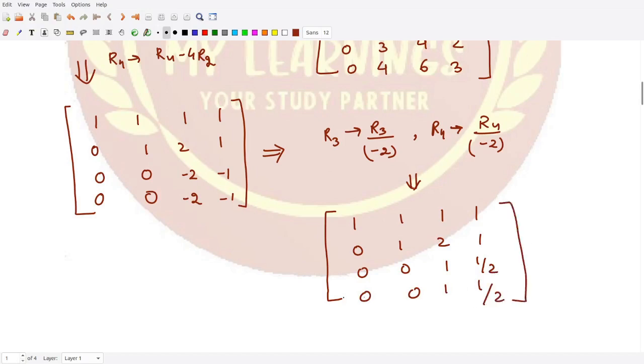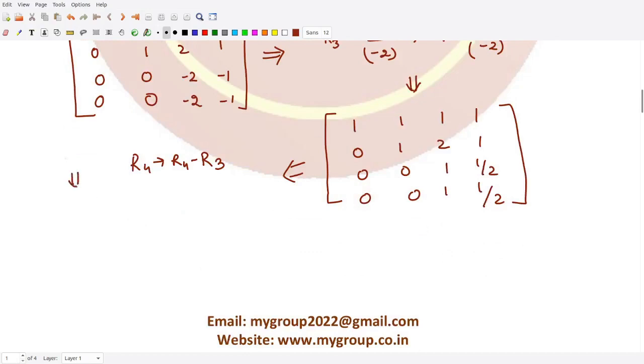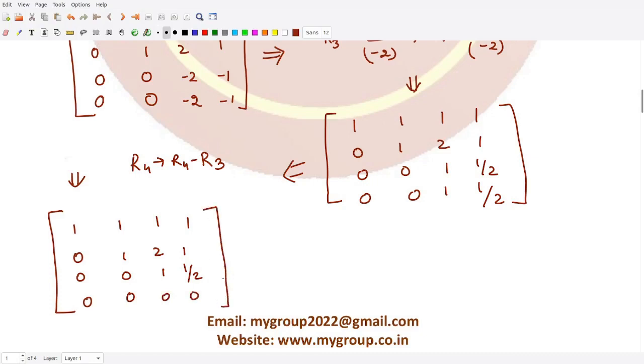And lastly we are going to subtract row 3 from row 4. So the first row would be unchanged, the second unchanged, the third also unchanged, and the fourth one would be 0 0 0 0. So you see this matrix is in echelon form.